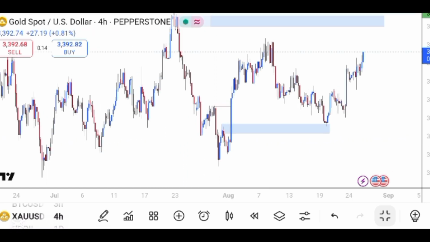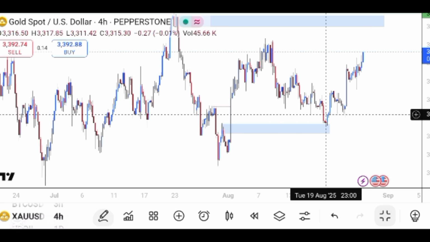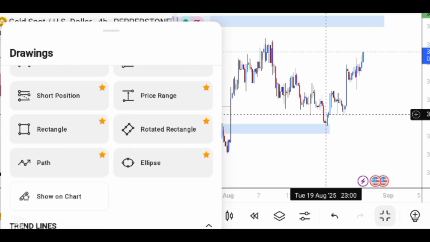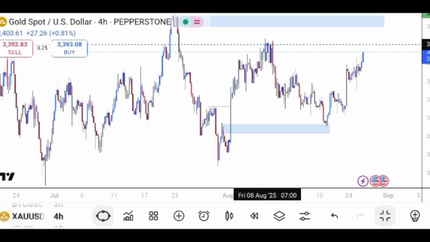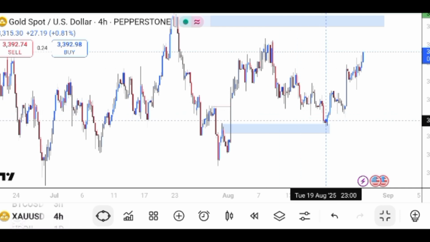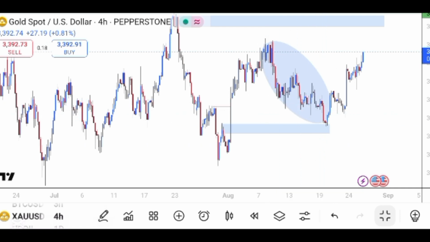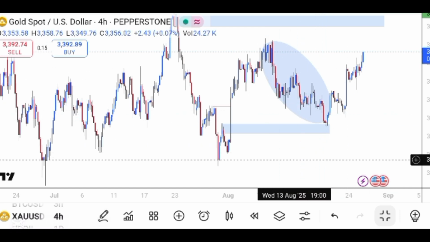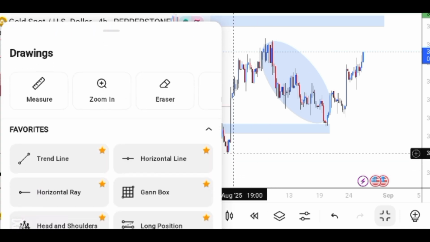So from there, this is our internal structure. This all is our internal structure. That's our internal structure, and these are my external structure.